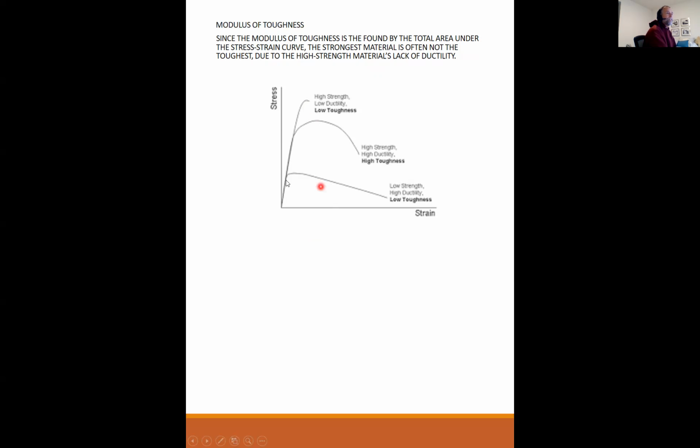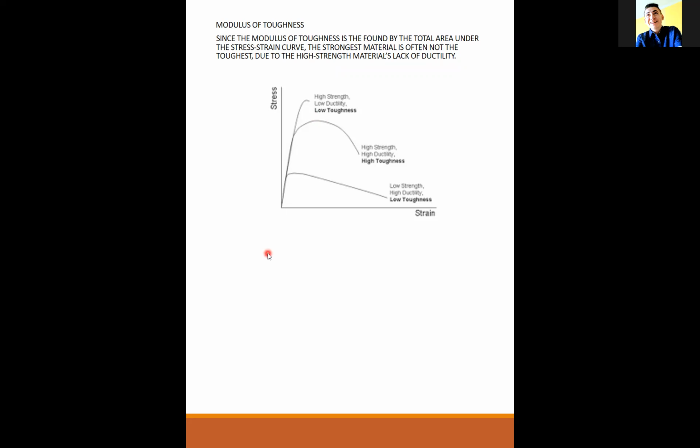So it has a high total stress and a high total strain, which combined give you the greatest area under this curve. This middle material here is going to have the best toughness characteristics.